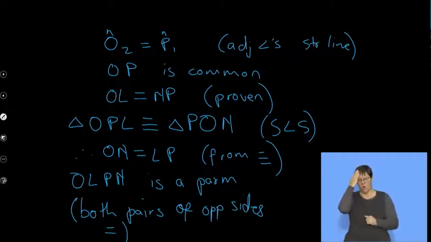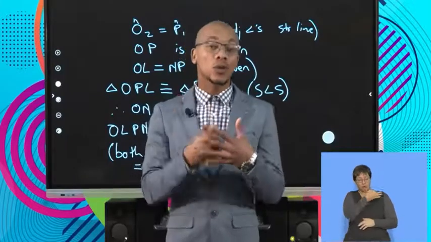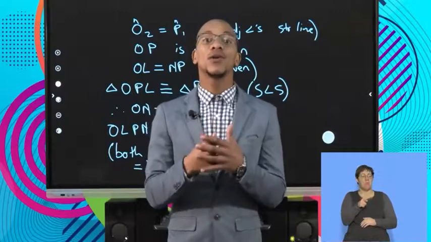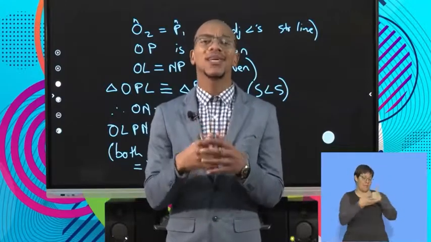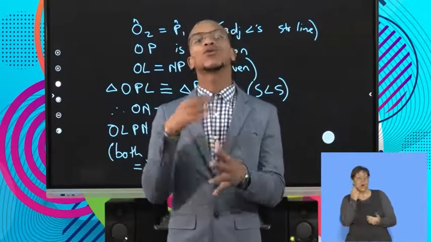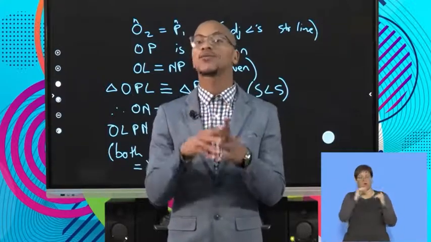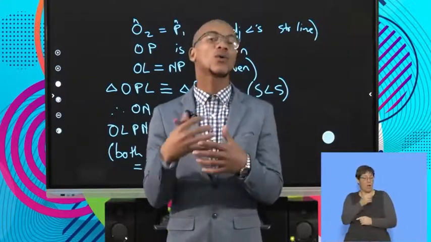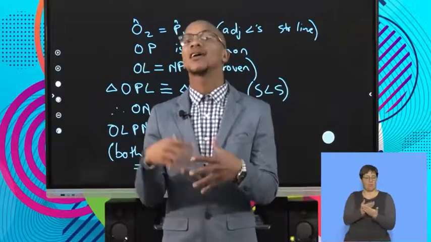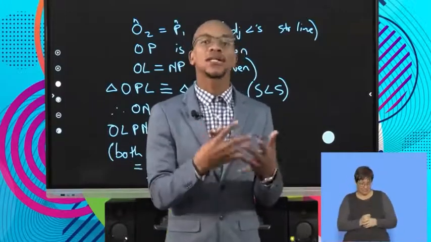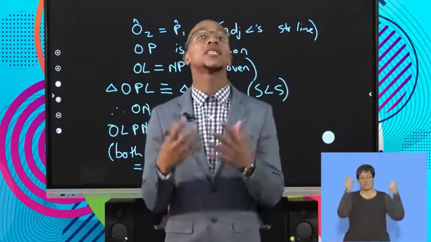So I know this is a lot of work, guys. That's why I said to you, this is a more complex one that we're going to do. But congruency seems to be the very useful tool that we're going to use to prove equality in terms of shapes, because congruency is easier to prove than any other property of shapes in mathematics, especially geometry.